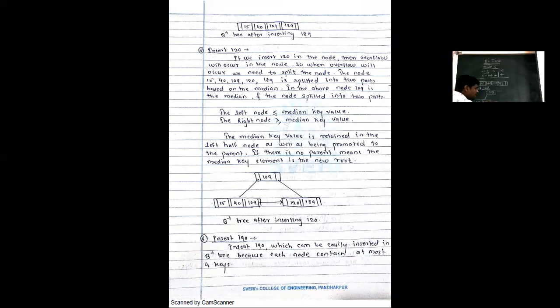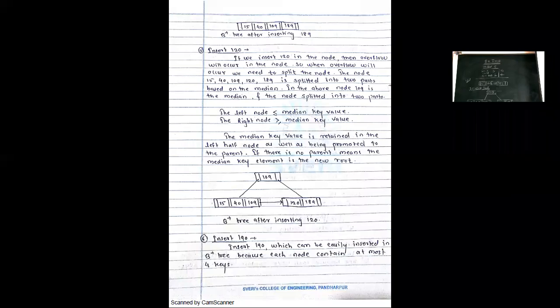And again, this is connecting with the next node by using the link, right? So what is the next? 120, 189. Now this is the first step after insertion of 120. So B plus tree after insertion of 120.